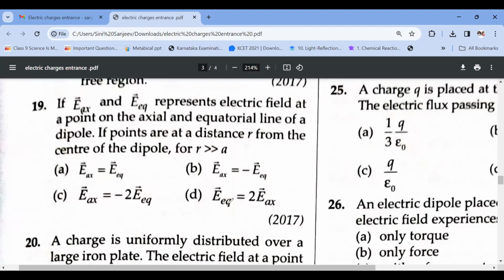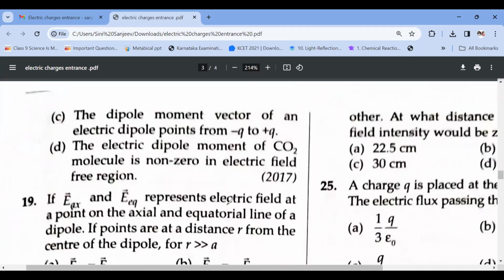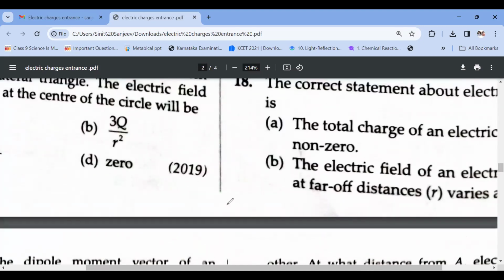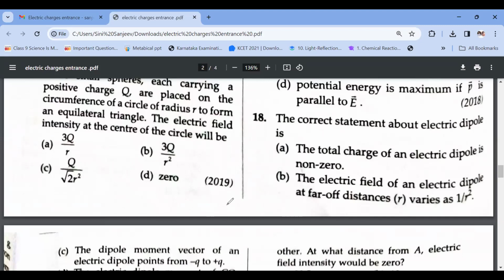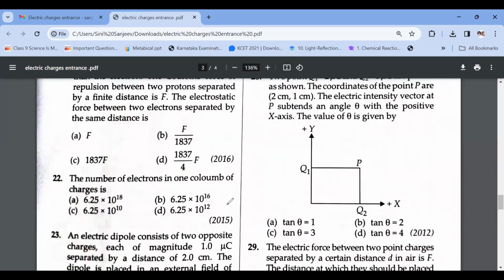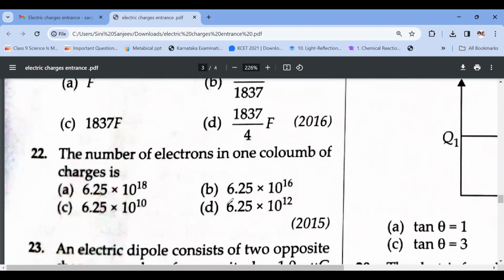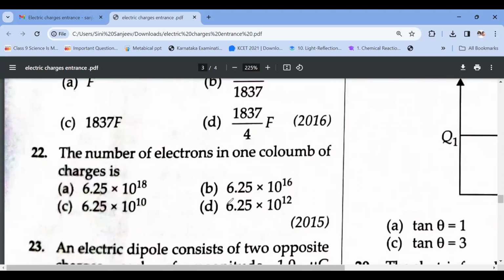So let me see. Ah, 22nd question. Number of electrons in 1 coulomb of charge is how much?